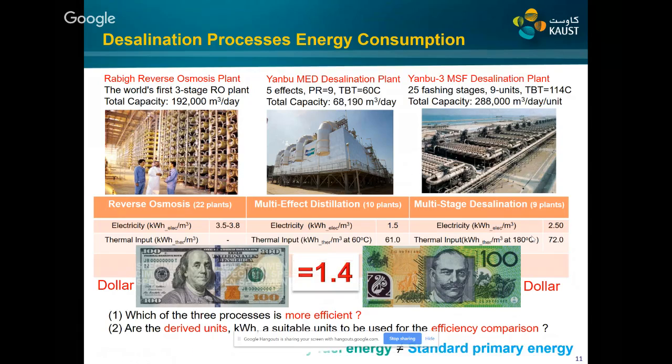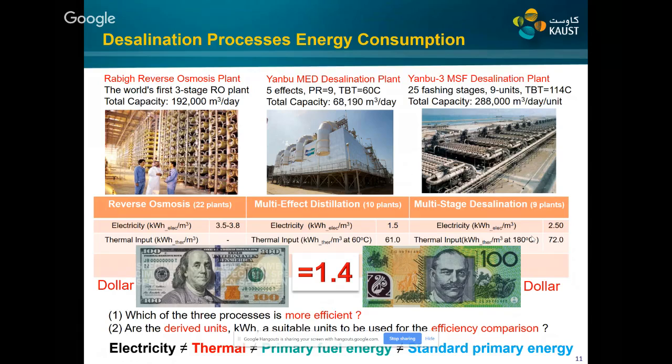We have to see carefully that one US dollar has a conversion factor with the Australian dollar. They are not the same in value. So in other words, electricity is not the same as thermal energy, and is not the same as primary fuel energy.